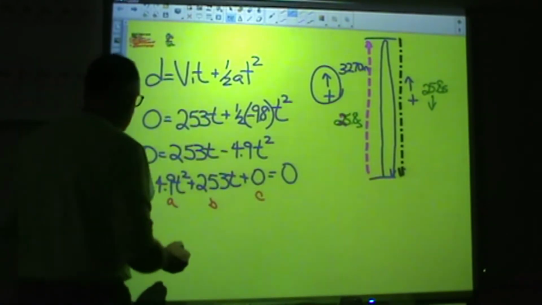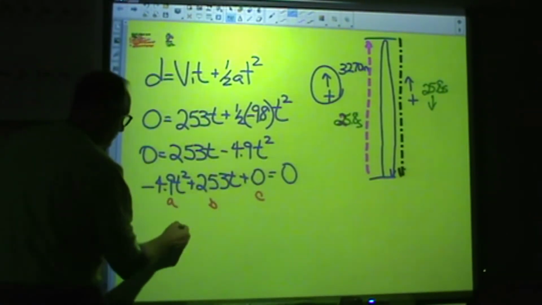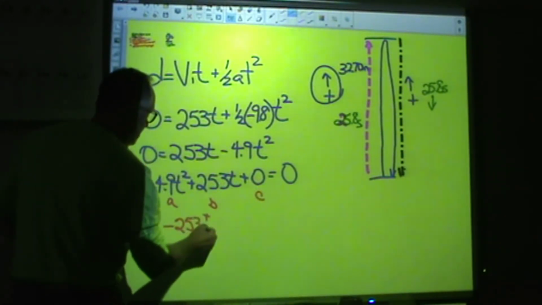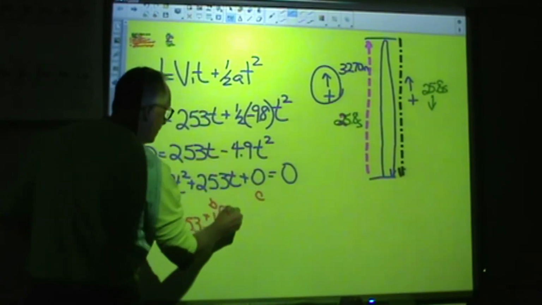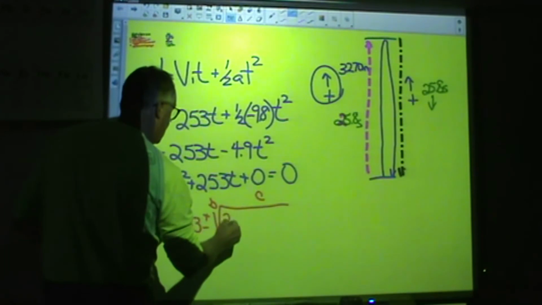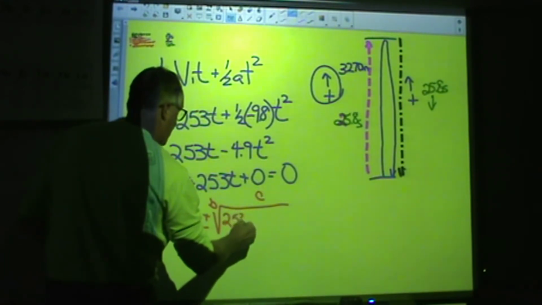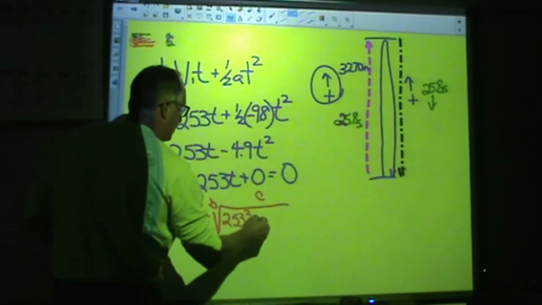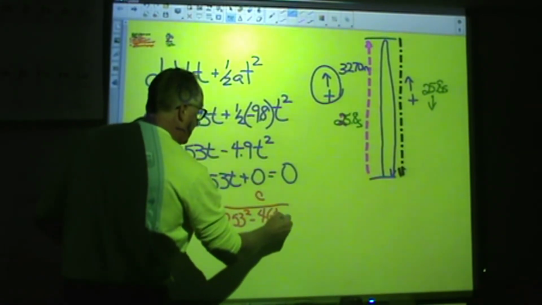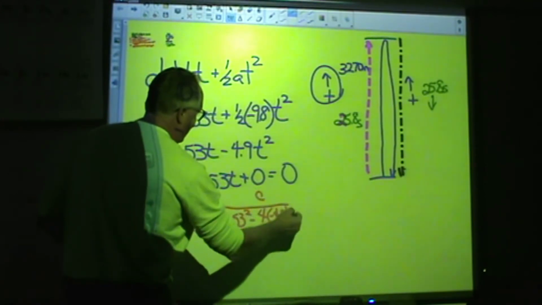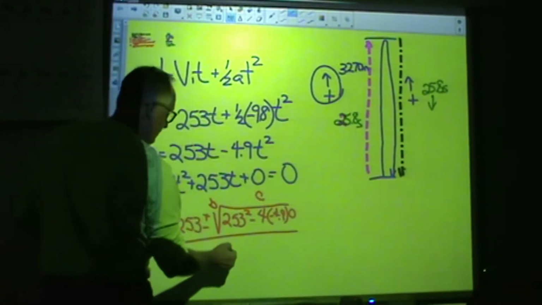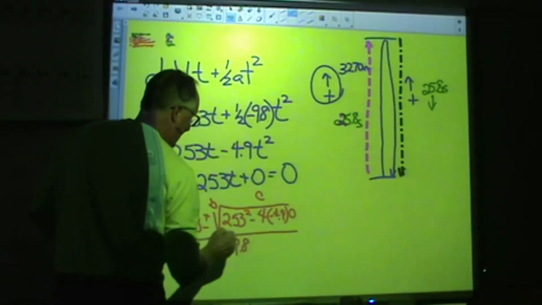So if I want to know t equals negative b, so negative 253 plus or minus the square root of 253 squared minus 4 times negative 4.9 times 0 all over 2a, which will be the negative 9.8.